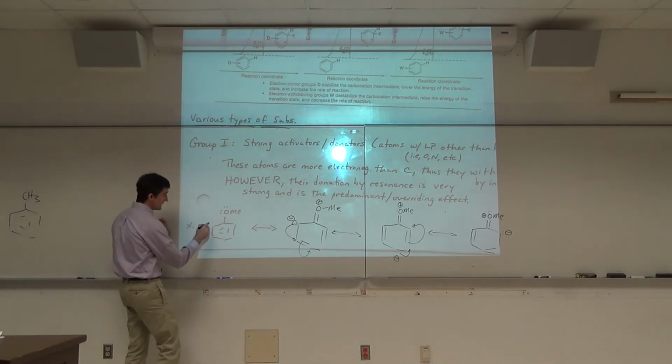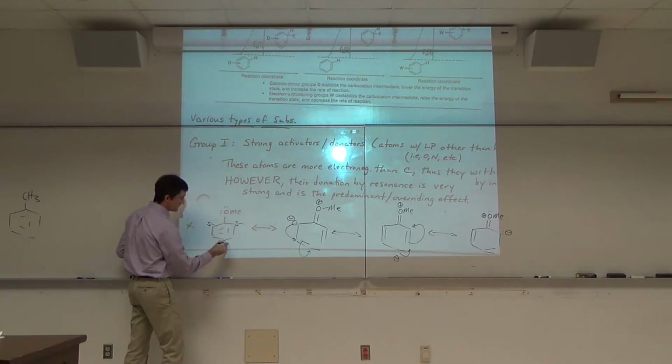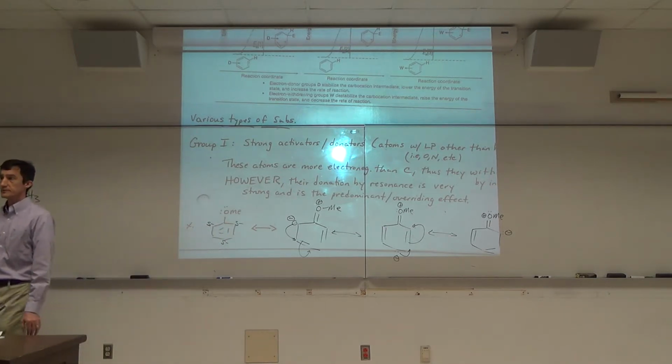Importantly, though, that's partial minus, partial minus, partial minus, if we think of hybrids, and where the charge that we get from resonance actually ends up. When we get over to directing effects, a methoxy is going to be said to be an ortho-para director, because it donates electrons to the ortho and para positions by resonance.